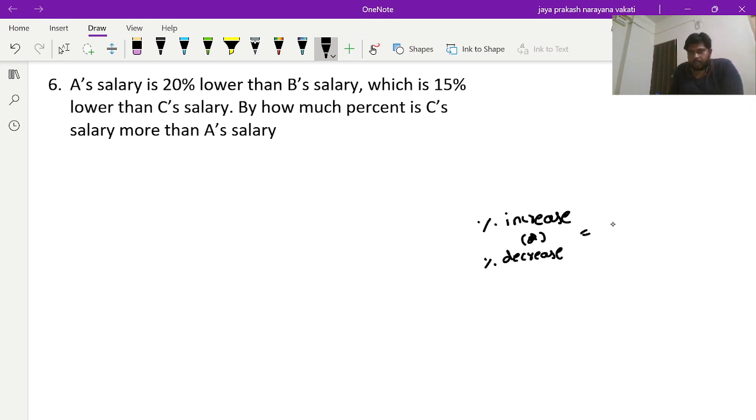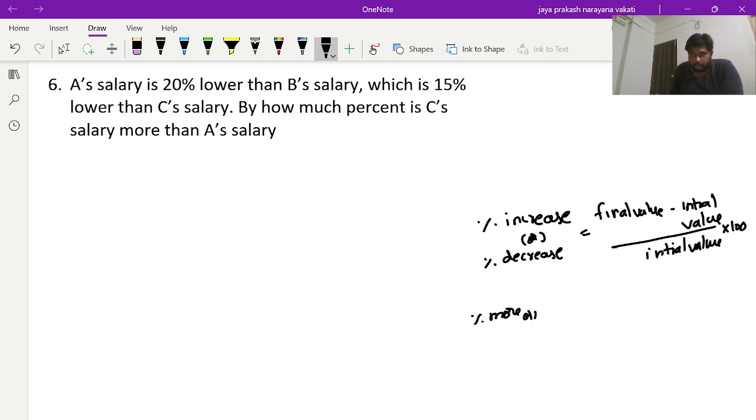The formula will be final value minus initial value, by initial value, into 100, for percentage more or percentage less.